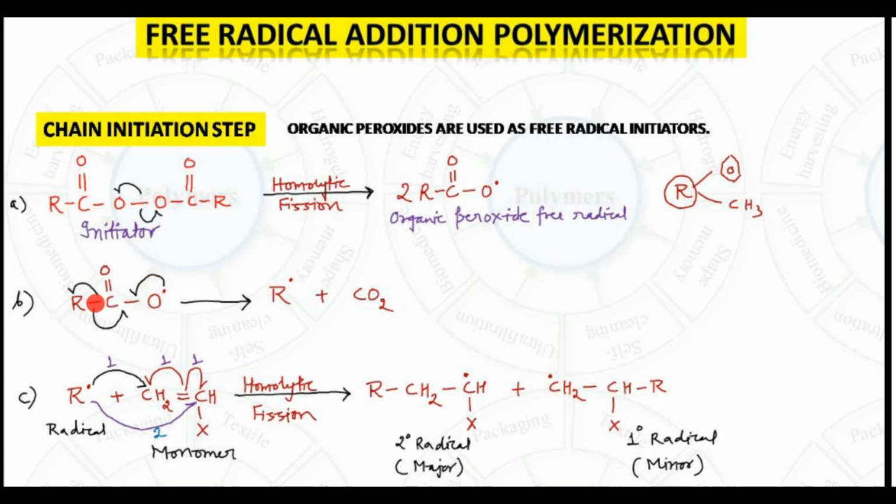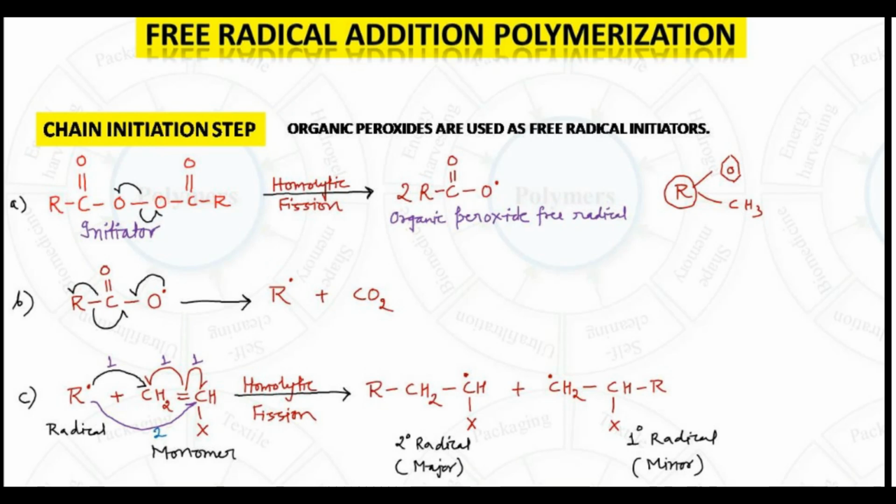So one electron from this bond, one coming from this bond, this will make a double bond, and with this carbon you will have carbon dioxide. This you will eliminate from here, and this is your simple free radical which will start your polymerization reaction.